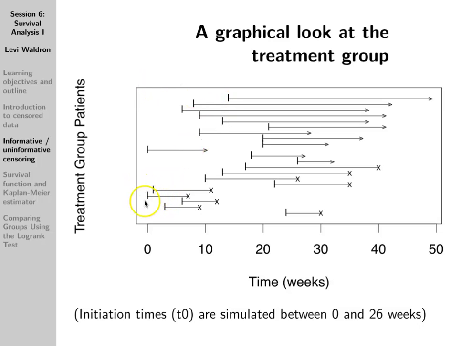But it's going to be from the start of the study here at week 0 to sometime later. And then I've plotted each of these with the time, and I put a right arrow where it's censored, meaning that patient is still living at that time. And the ones with an event, I've put an X, meaning that patient has died, and will not be alive beyond that point.